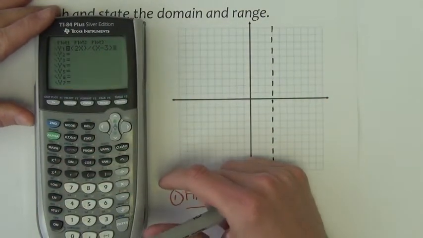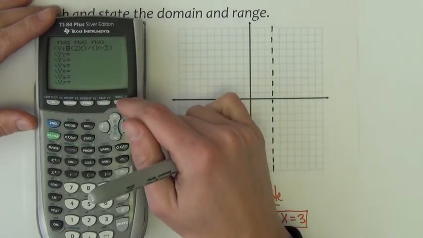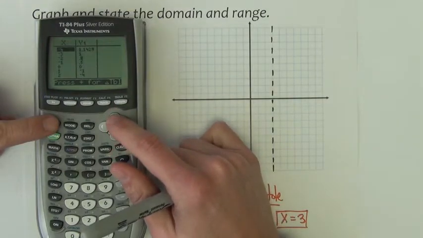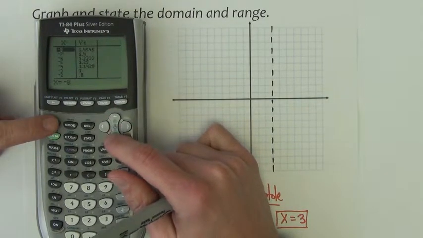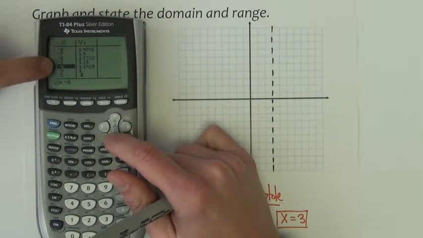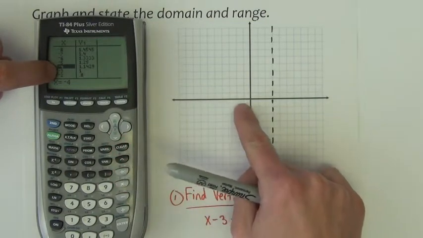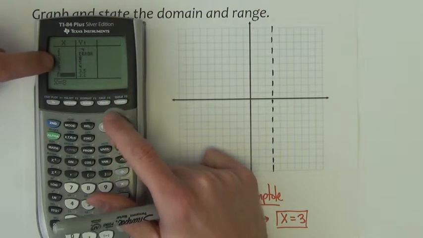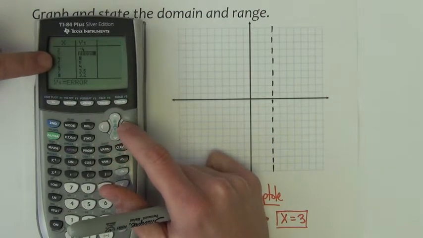Once it's typed in, instead of hitting graph, let's go to second graph. See the table of values, where we can scroll up and down through this table. Notice the table gives you x values, and it gives you the y values that go with those x's. Look right here.